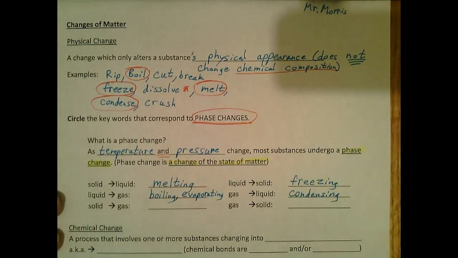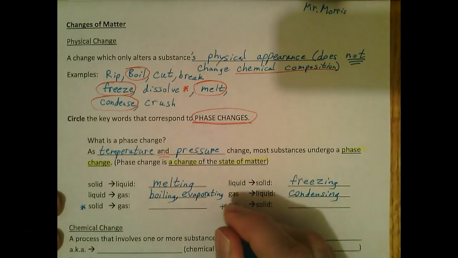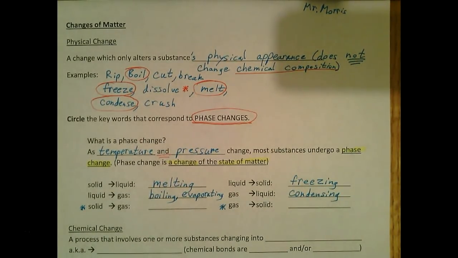These two are a little bit different. You're not probably as familiar with these. It's a little bit harder to know. From solid to gas, that's like if you've ever seen dry ice. Dry ice sitting out at room temperature almost looks like it's smoking. What's happening is it's changing straight from the solid state of matter into the gas state of matter. It skips liquid completely.